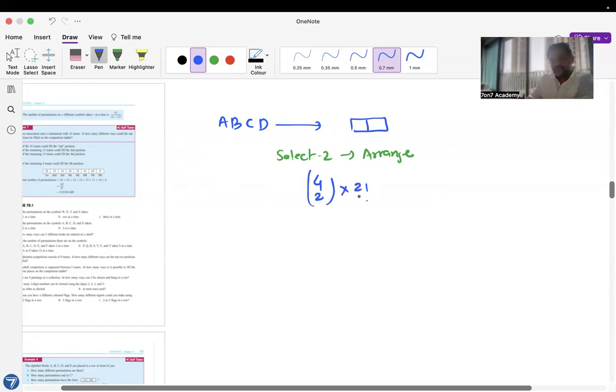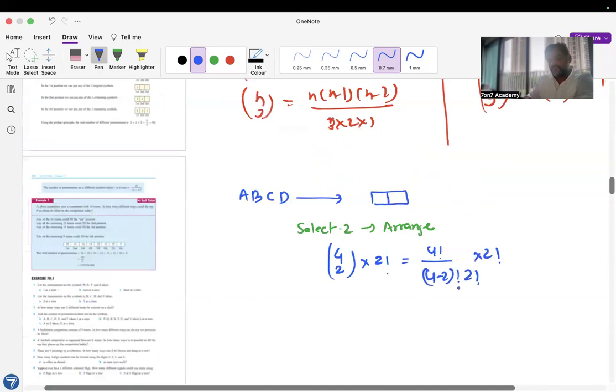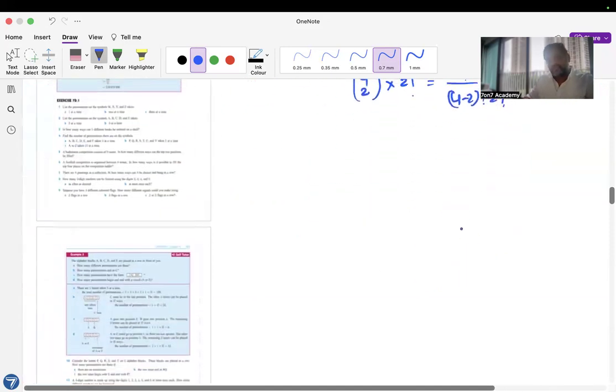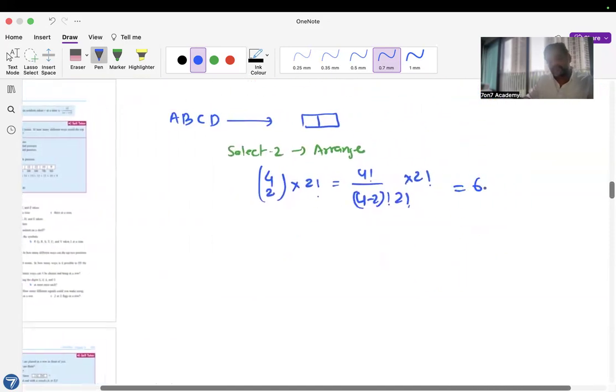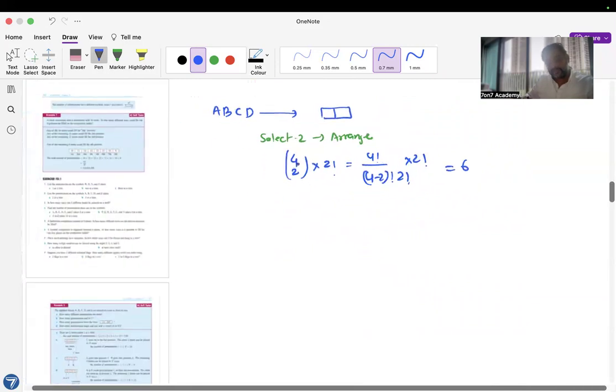Arranging always, whatever number, is that much factorial. So that is 4 factorial divided by (4 minus 2) factorial times 2 factorial, into 2 factorial. If you simplify that, it comes to 6. There are 6 ways of selecting, arranging is 2, so that would be 12.